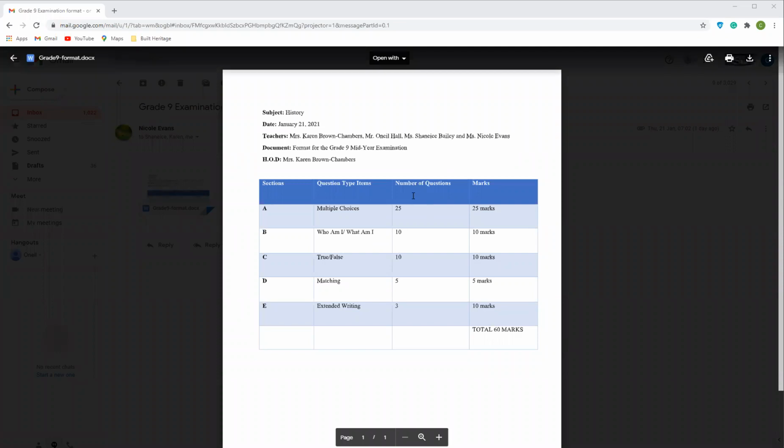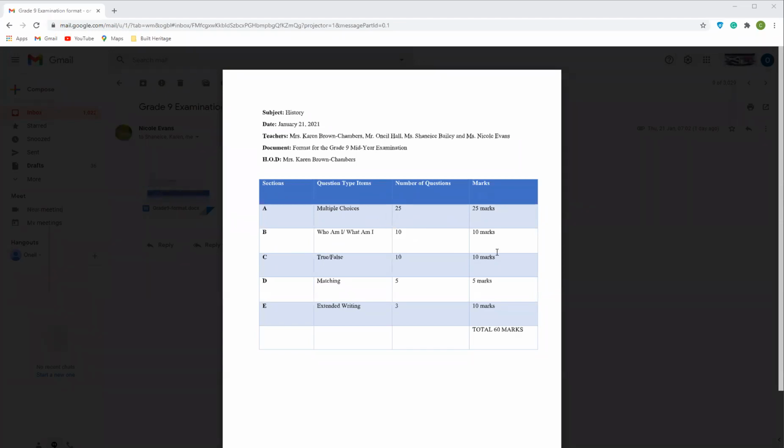So ladies, look at the exam paper, the questions. Section A, multiple choice, 25 questions, 25 marks. B, who am I, what am I, 10 questions, 10 marks.